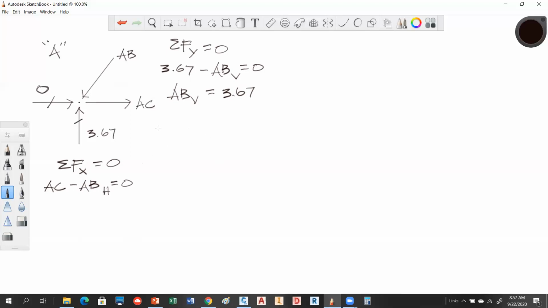I can say that AB horizontal is to the distance over which it's acting, which is 9 feet, as 3.67 is to 12 feet, okay? So the 12 foot is to the vertical force as 9 feet is to the horizontal force. Can you solve that proportion? Yeah, you can. Yeah, absolutely. So let's see what we come up with.